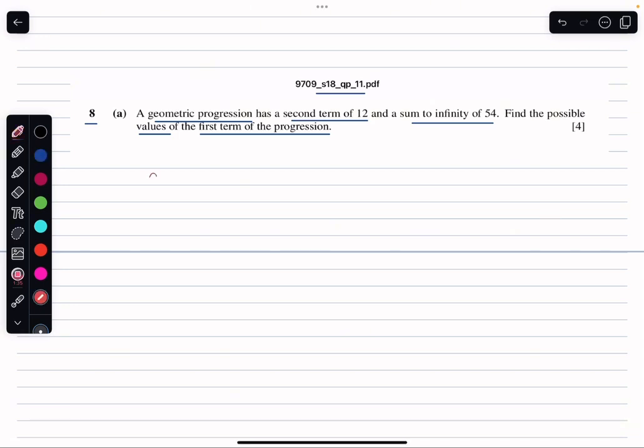It's a geometric progression where the second term is equal to 12 and the sum to infinity is equal to 54. We need to find the possible values of the first term of the progression. The second term of the geometric progression by the Tn formula is equal to ar to the power n minus 1.